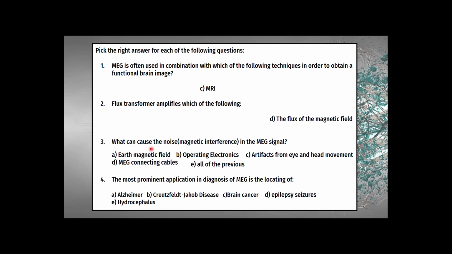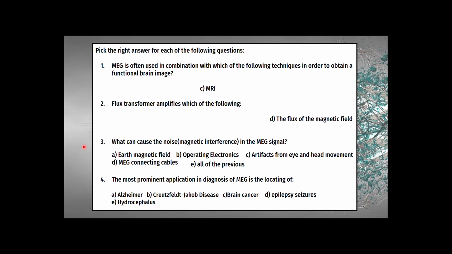What can cause the noise, magnetic interference in the MEG signal? Now, we said that there are naturally existent magnetic fields in the environment, and of these are the Earth magnetic field or the magnetic fields generated by the electronics that surround the magnetoencephalography device.